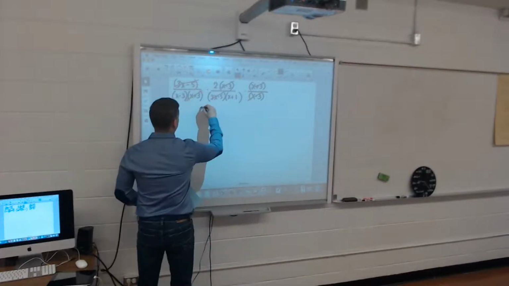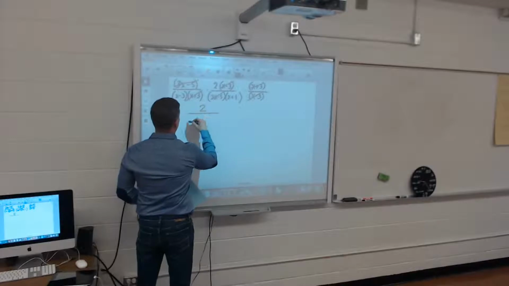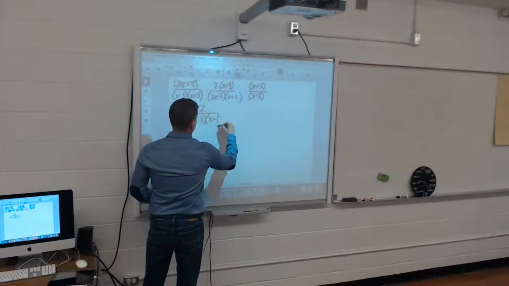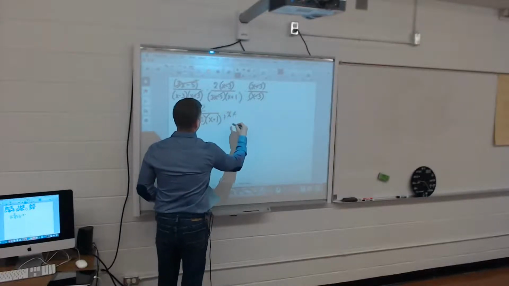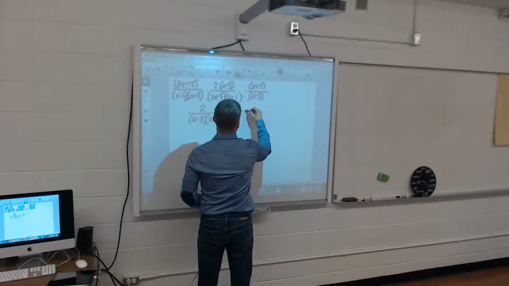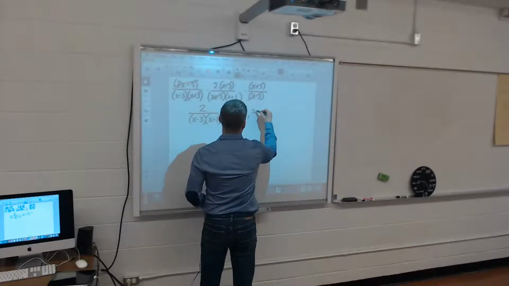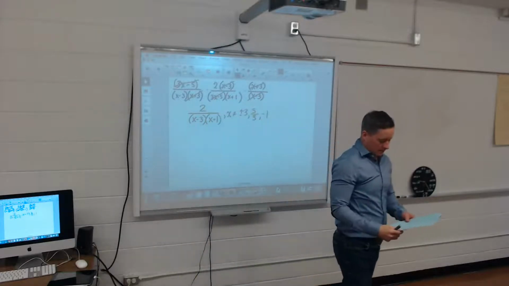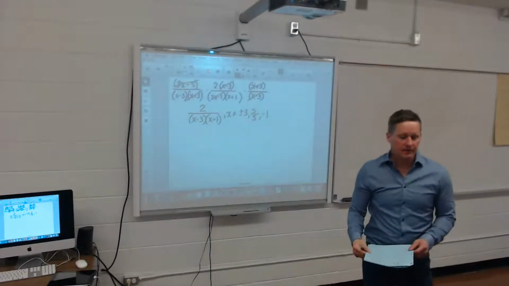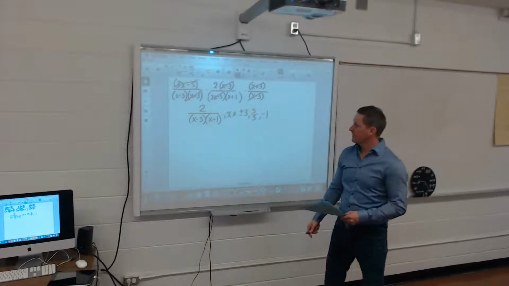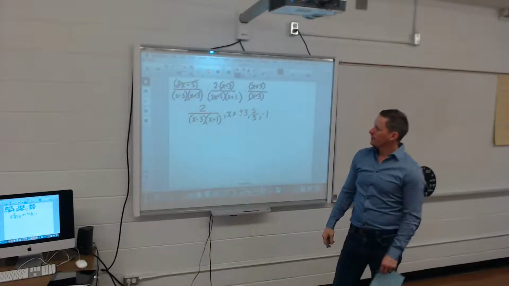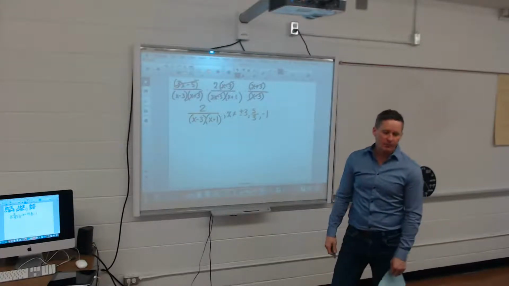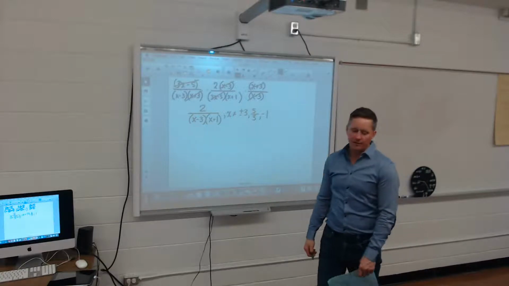So I'm left with 2 over x minus 3, x plus 1. x cannot equal plus minus 3, 5 over 3, and negative 1. On that page, that's probably the easier of the questions because you're multiplying and dividing.